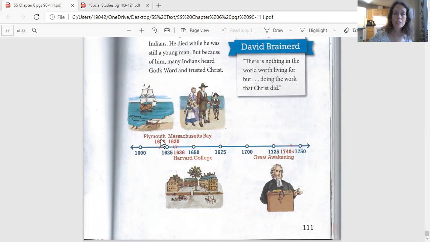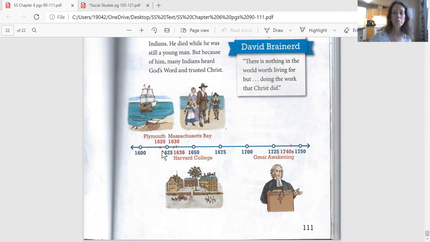And the first one starts in 1600 and nothing much happens until 1620. You see that little star. In 1620, we had the Plymouth colony. That happened in 1620 or 1621.